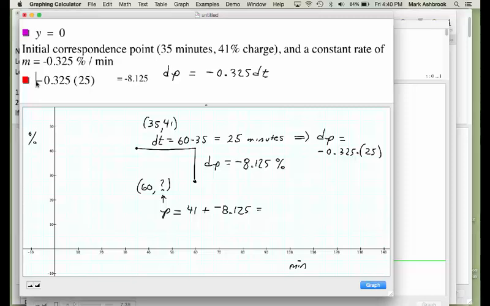So 41 minus 8.125 is 32.875. So we have a new correspondence point of 60 minutes and 32.875% charge of the battery remaining. That is the correspondence point right there.